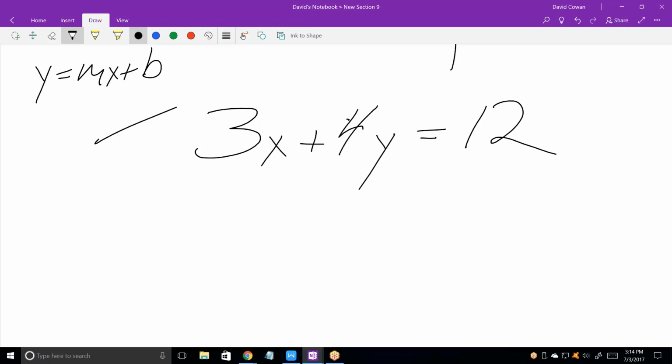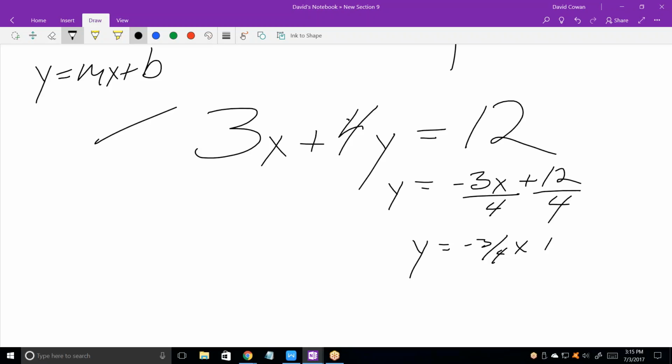And if I wanted, I could just solve this for y, and I could put it into y equals. Here, let me write it like this. I could say, and make sure you understand what I'm doing here. See how I get this? Yeah. Now, what's the y-intercept?